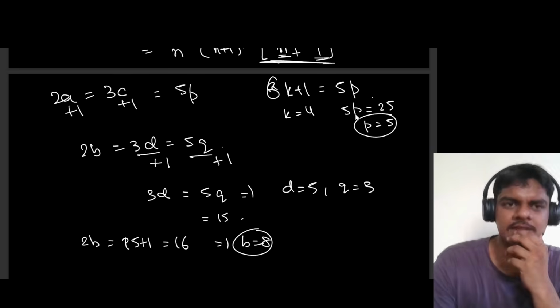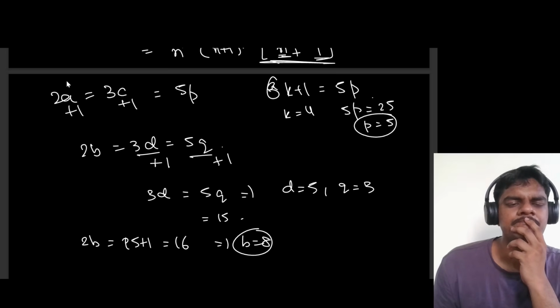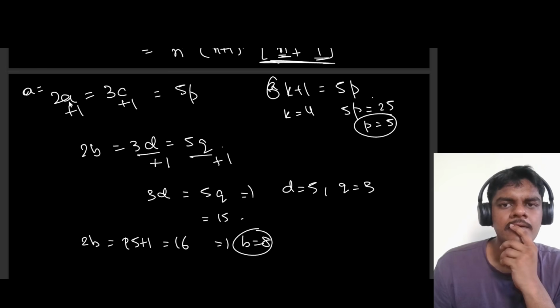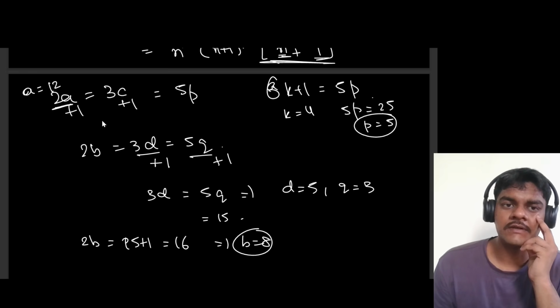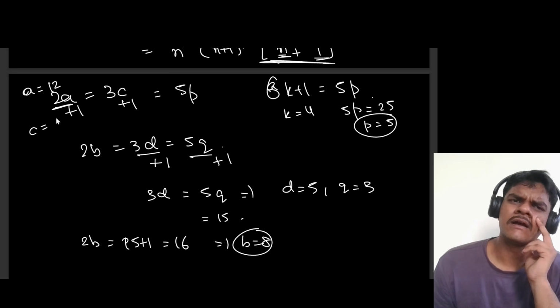That works. That's nice. So in that case, I'm going to take a is equal to, I want this to be 24. So a is equal to 12 and c is equal to, I want that to be 24, so 8.